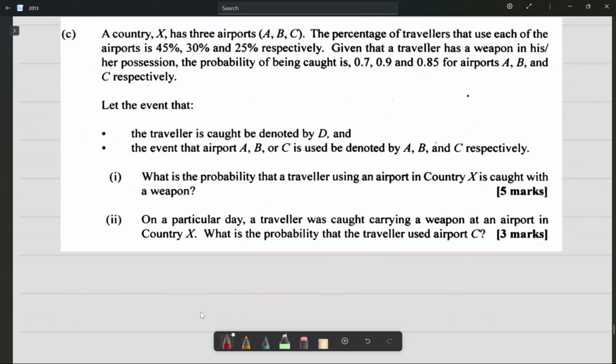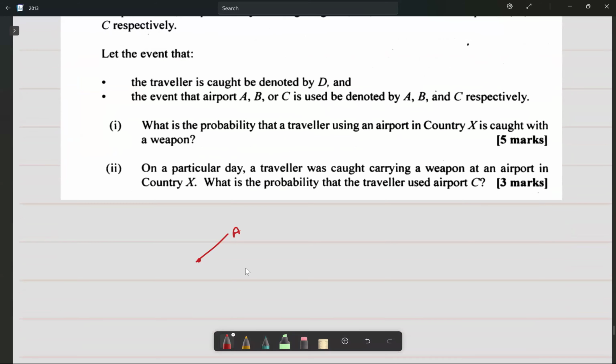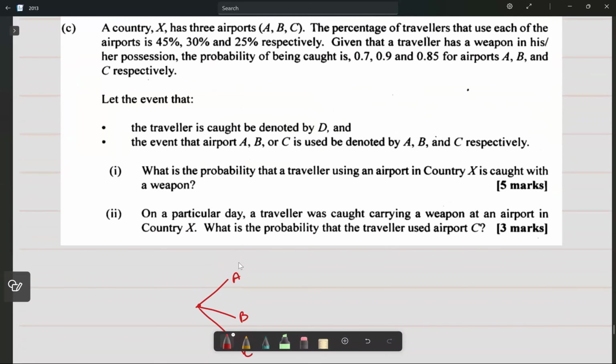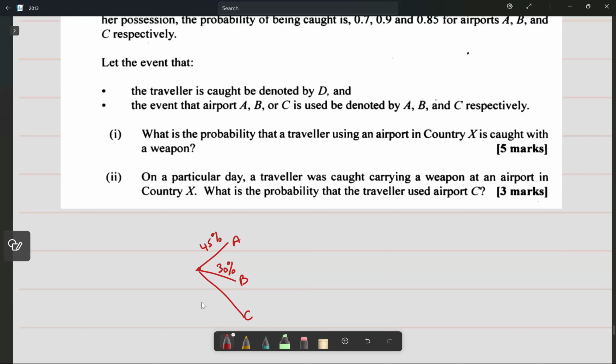So that means that if it's a tree, we have a starting point, it can choose A, it can choose B, and it can choose C. The probability that you choose A is 45, the probability that you choose B is 30, and the probability that you choose C is 25.